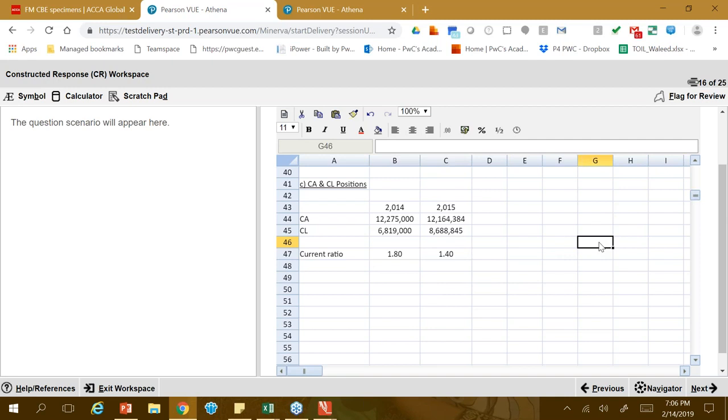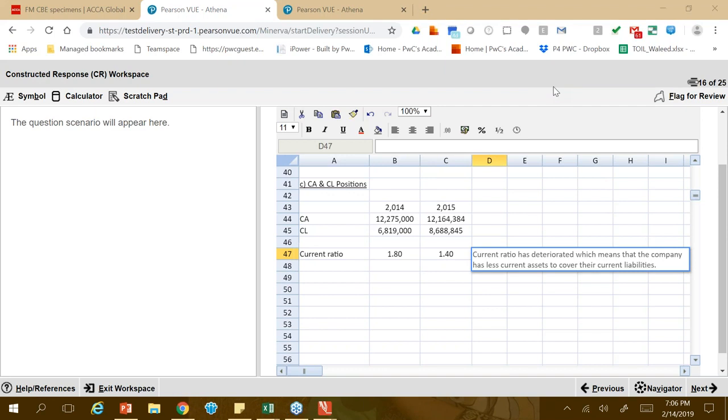Okay, so I can put a point here and say, well, current ratio has deteriorated, which means that the company has less current assets to cover their current liabilities. That is what this ratio means.